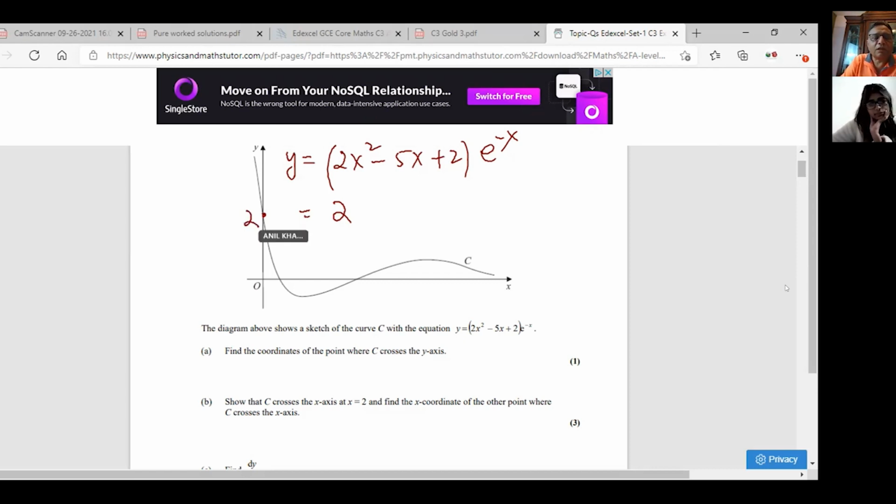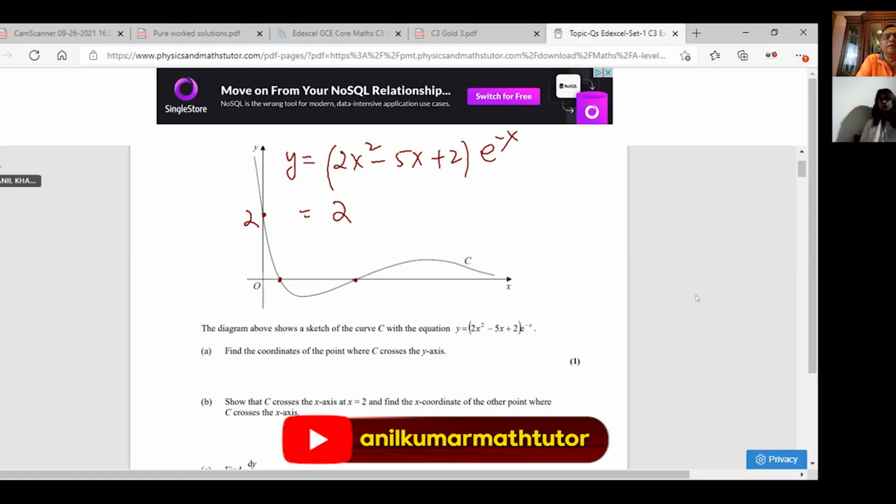Yeah. Now, part B is what? Show that C crosses the x-axis at x equals 2, and find the x coordinate of the other point where C crosses the x-axis. So basically, we have to find these two, right? So you equate to 0. I just factorized the quadratic.